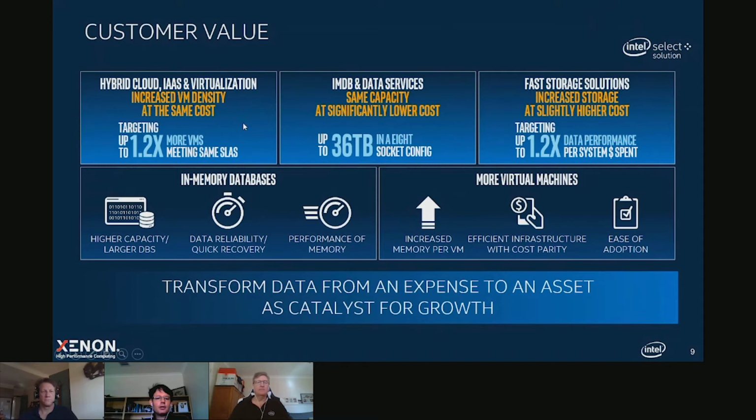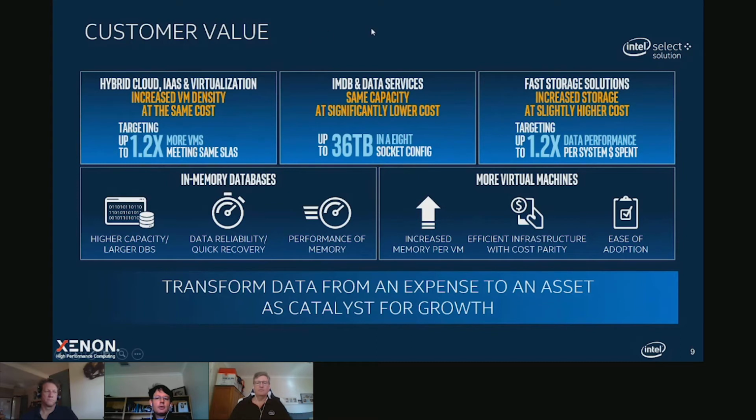What Intel has observed and reported is that they can get about 1.2x more VMs onto the systems while meeting the same SLAs. So that means the providers can offer more capacity on their systems. They can put more VMs on their systems and recover their cost a lot faster.